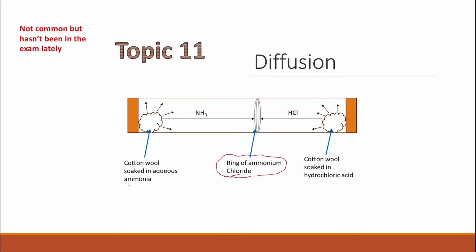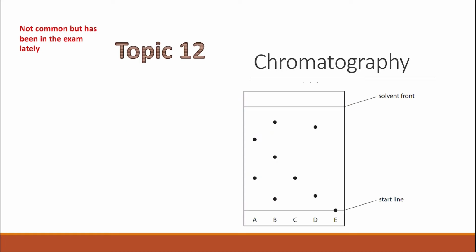The type of questions that come with these topics are quite standard, like why the ring has been formed closer to the HCl than the ammonia, or to ask you to write the symbols of the different reactants and product from the reaction. So they are quite standard questions.